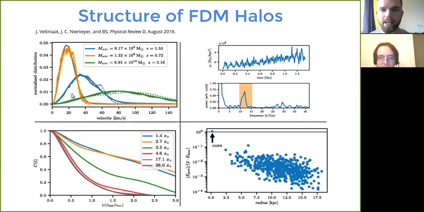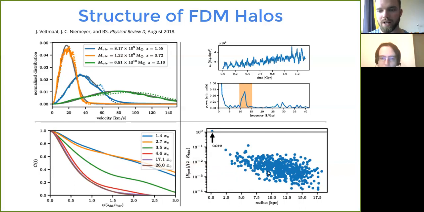And then we also had a look at the survival time of different granules, and what we saw is that they fluctuate indeed on this de Broglie timescale, so 1 over velocity squared.